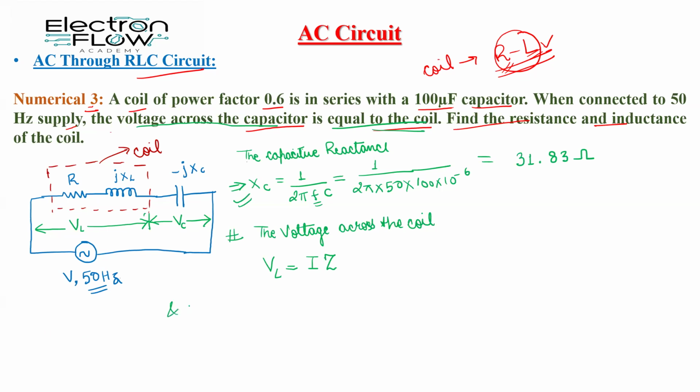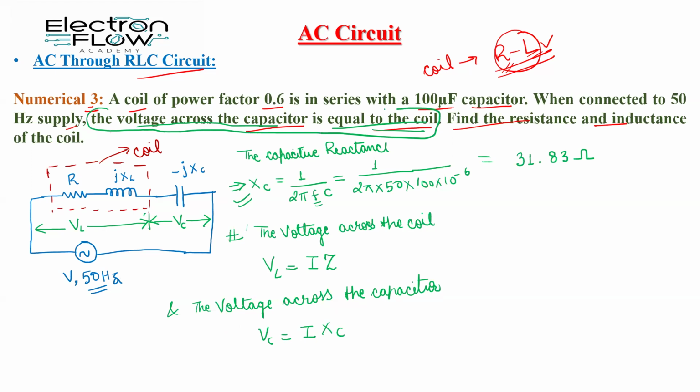And the voltage across the capacitor, Vc, is equal to I times XC. Here, the condition given to us in the question is that the voltage across the capacitor is equal to the coil voltage.